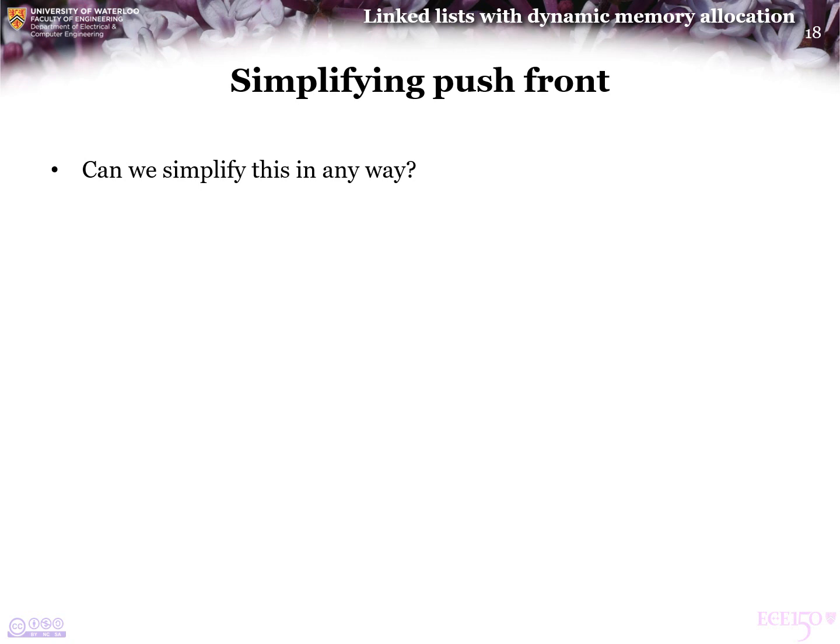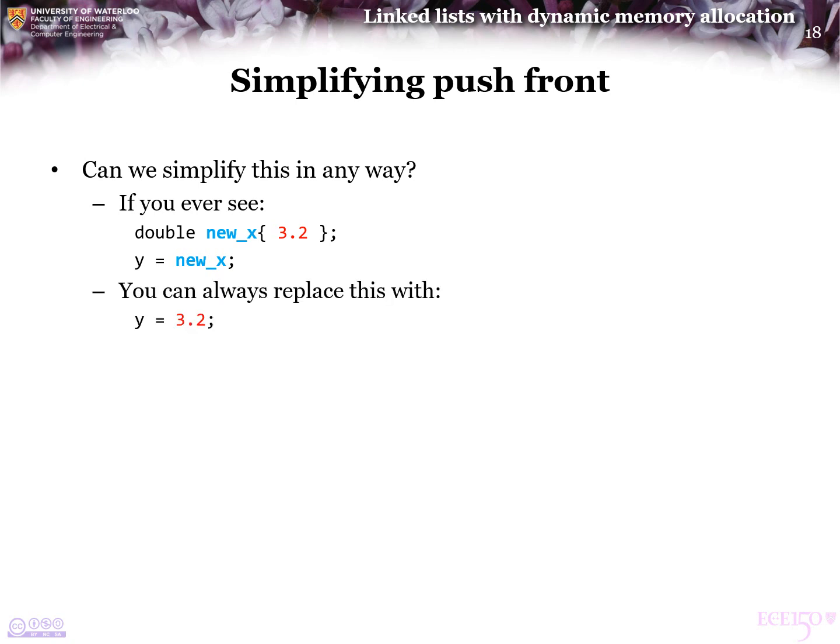Now, can we simplify this implementation in any way? Well, if you ever see something that looks like this, a local variable is initialized with a value 3.2, and then another variable is assigned that new local variable, we can just replace this with that local variable y being assigned 3.2.